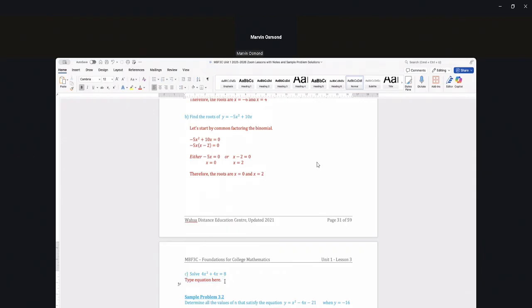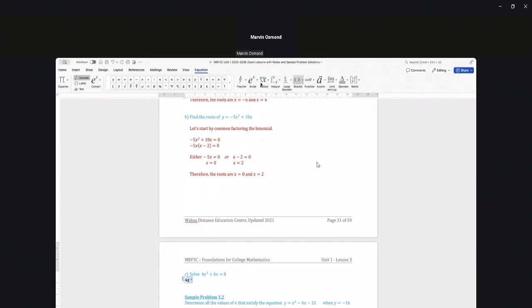This is not cooperating now. So what we need to do is go 4x squared plus 4x.